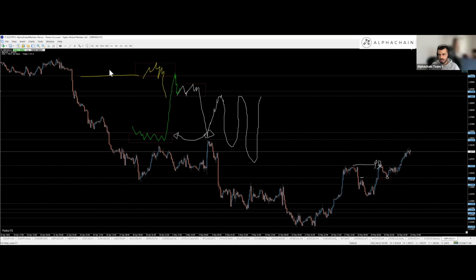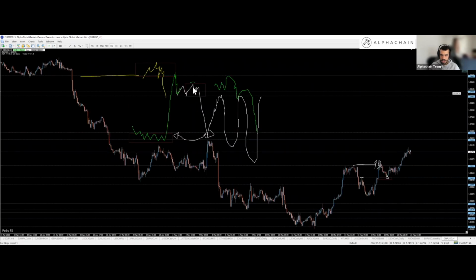So it gives even a little bit more confluence or importance to this supply zone instead of this one. This could be another reason to see maybe this supply being broken, just to react from this one, and then price may carry on to the downside.